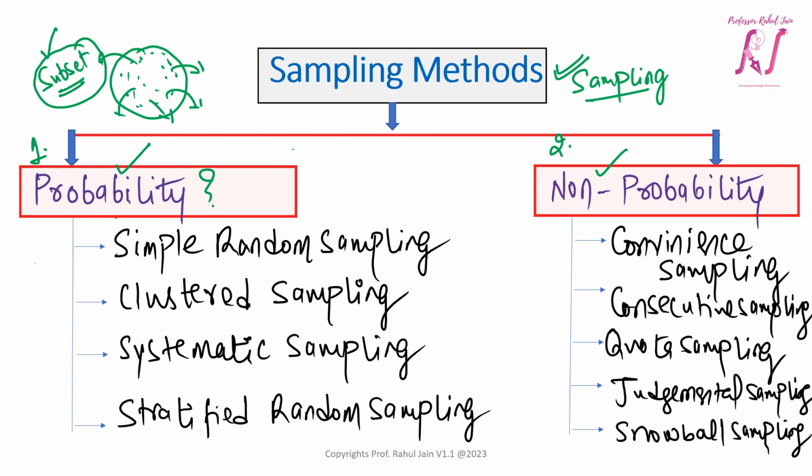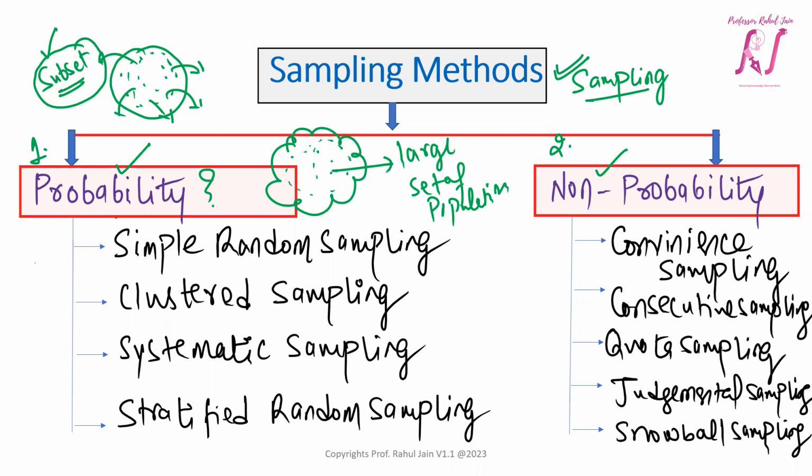In probabilistic sampling, let's say I have a large set of population, and I want to study this large set of population on any particular case. Each individual unit has an equal chance to appear in the sample, right?